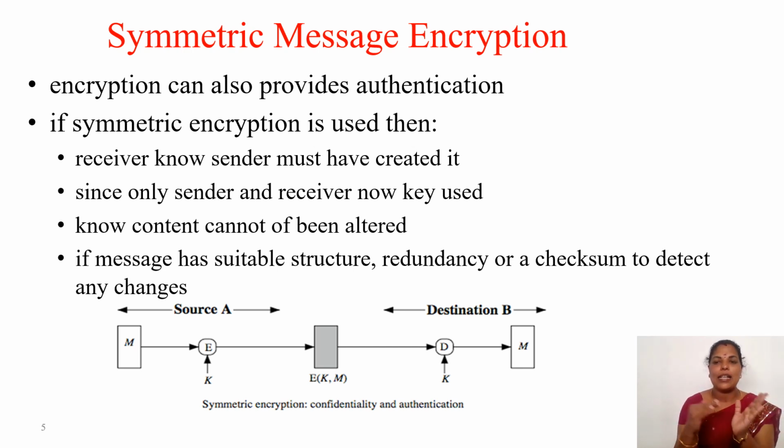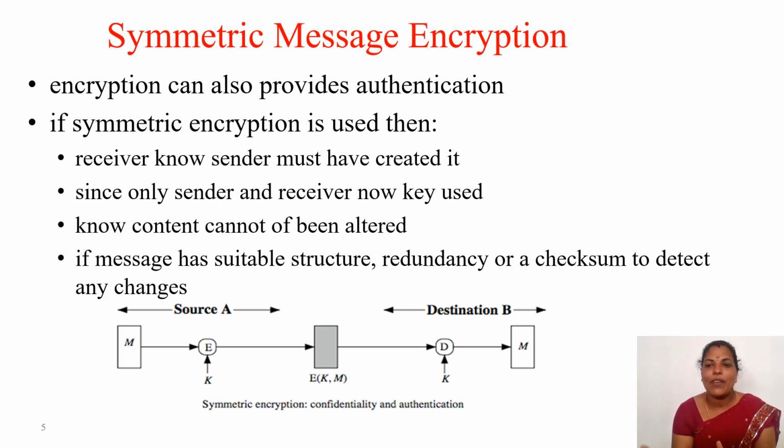Both the sender and the receiver use the secret key. So a receiver knows the sender must have created it. Before performing the encryption and decryption process, we need to share the key. We know how to share the key using a third party, or the sender and receiver mutually create a key and share it.